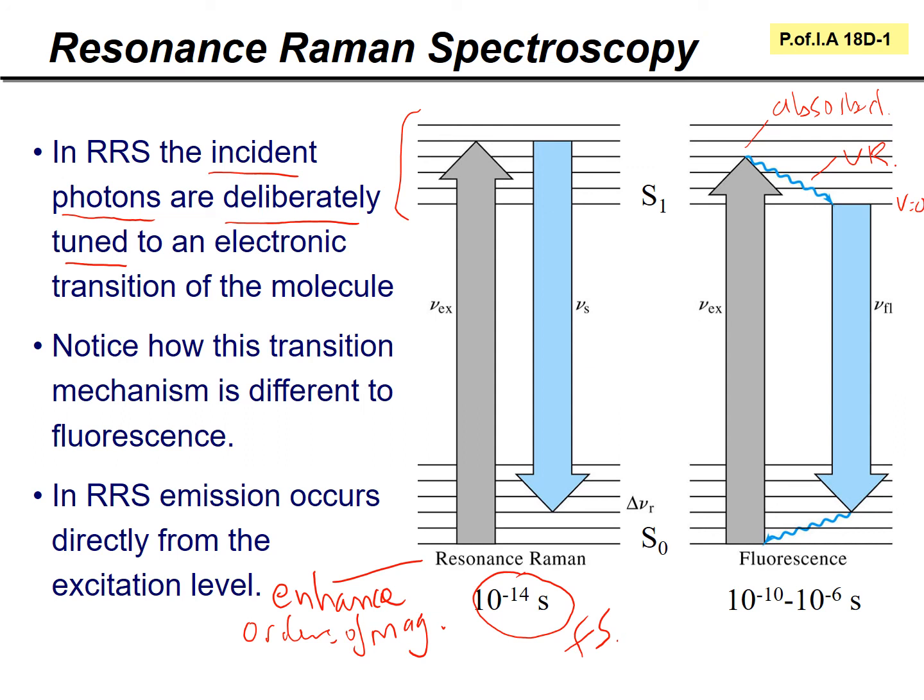And this process, as we saw, is typically nanoseconds. So that's the key difference between Raman and fluorescence: Raman is scattering, fluorescence is absorption, then emission. Usually Raman is done by staying away from these electronic transitions because the fluorescence will swamp the Raman signal, but sometimes going on resonance can really help the measurement.